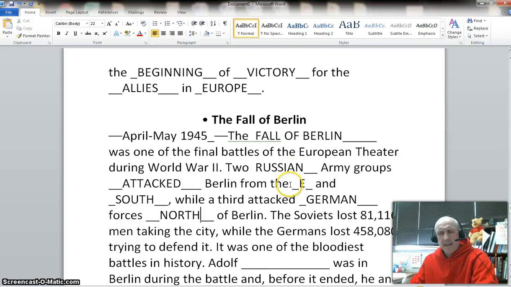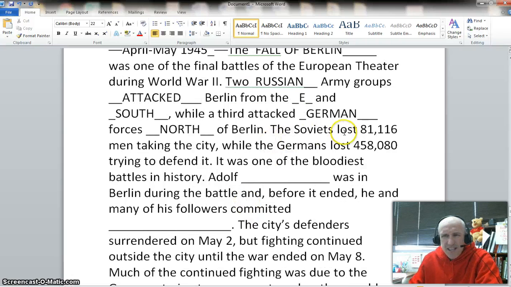So the Russians are attacking on three sides while the Americans and the British are coming from the west. The Soviets lost, look at this, 81,160 men taking the city, while the Germans lost almost 500,000 men trying to defend it. It was one of the bloodiest battles in history.